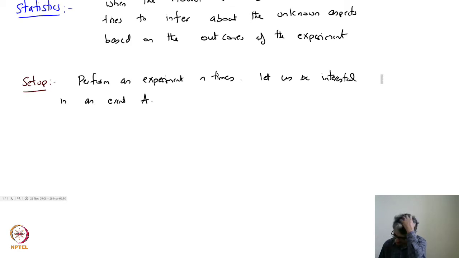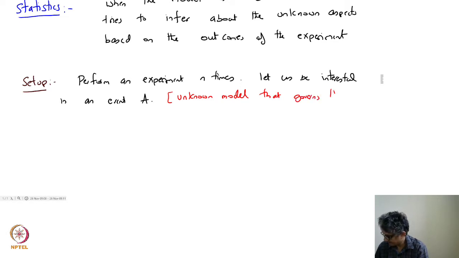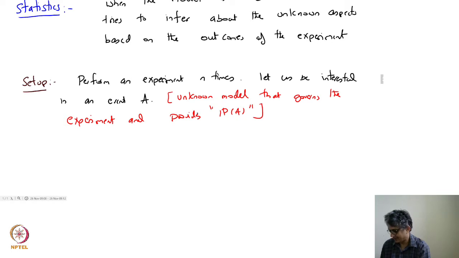In statistics, you can only observe the outcome, right? So let's say there's a hidden, unknown model in the background that governs the experiment and provides a probability for it, some number it provides for it.